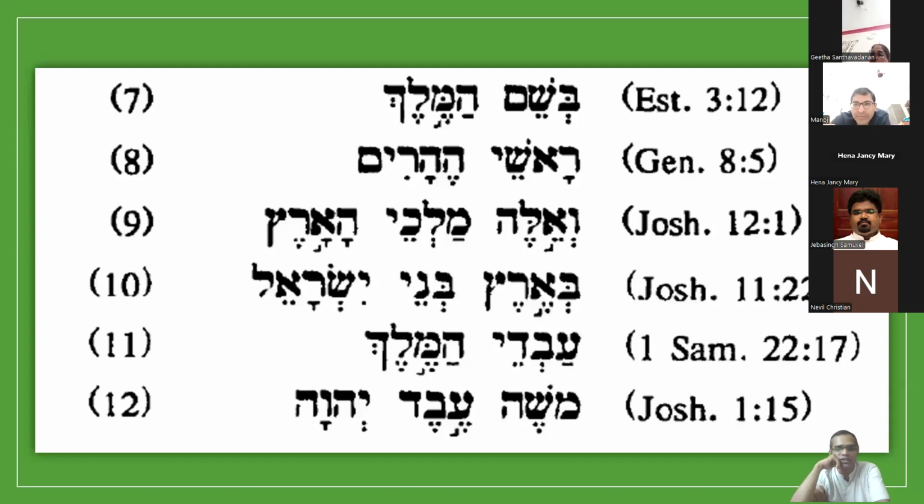So Moshe is in construct state or absolute state? It is in absolute state. Very good. So friends, if you notice, I have mentioned that sometimes two nouns will stand together and the first one will also be in the absolute state.